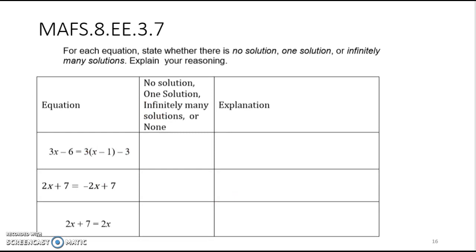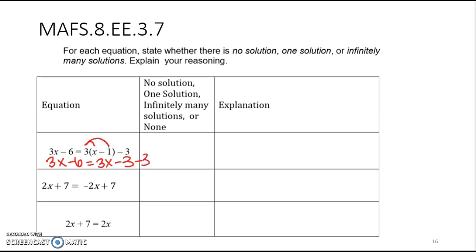All right, so in the next one, it says for each equation, state whether there's no solution, one solution, or infinitely many solutions, and give your reason. So when we're talking about solutions, we need to compare sides, and you want to think about the line. So in this first one, before I solve this, I actually need to distribute and see what's going on with these two sides.